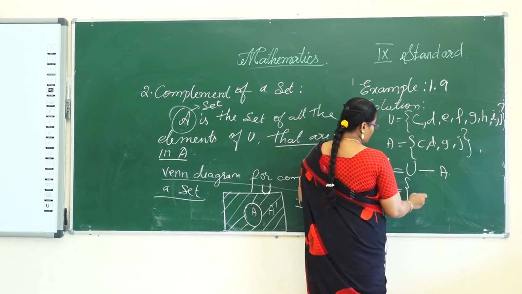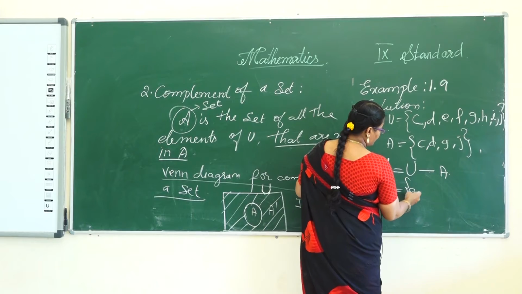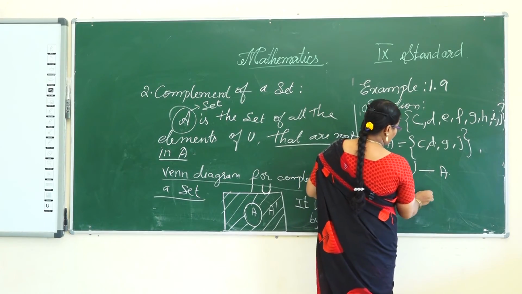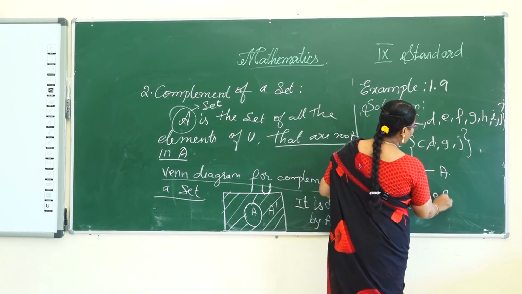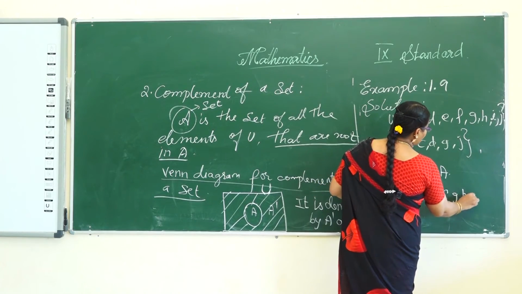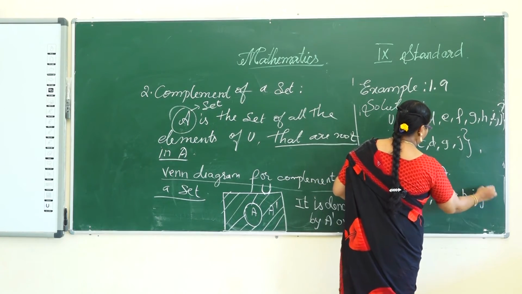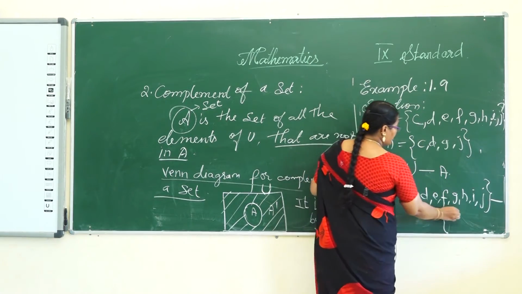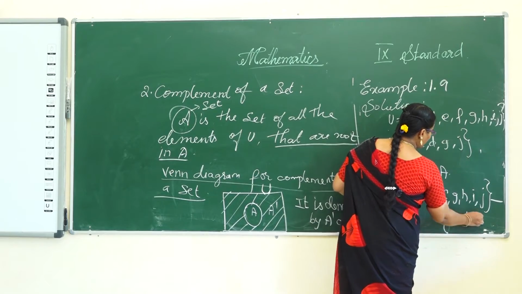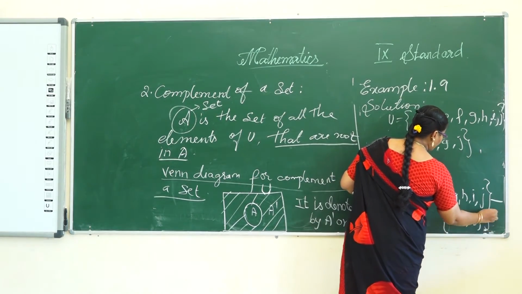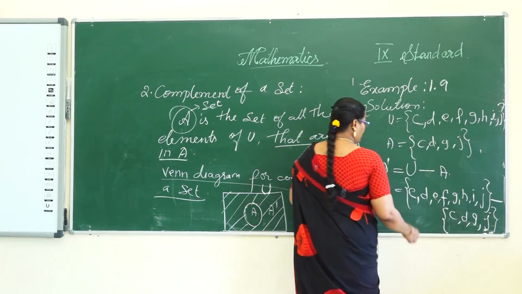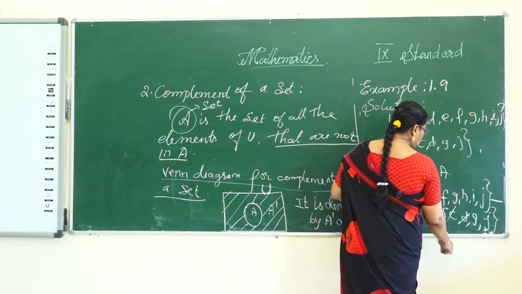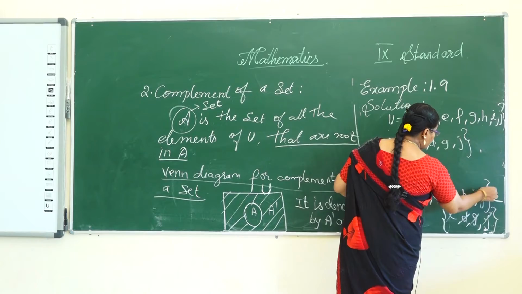So what are the elements in the universal set U? C, D, E, F, G, H, I, J minus A: C, D, G, J. Which elements are common? Cancel them. C is cancelled, D cancelled, G cancelled, J is also cancelled.